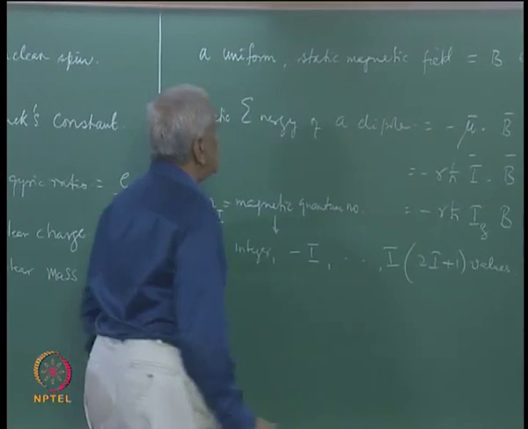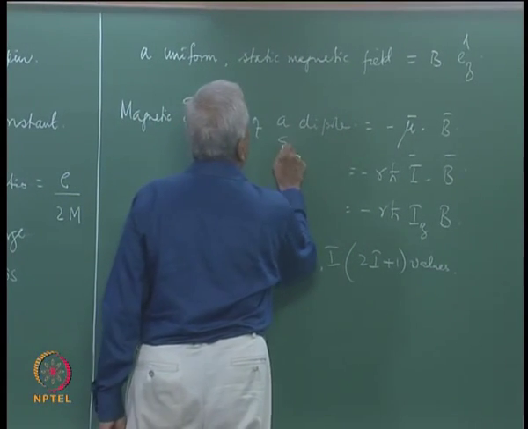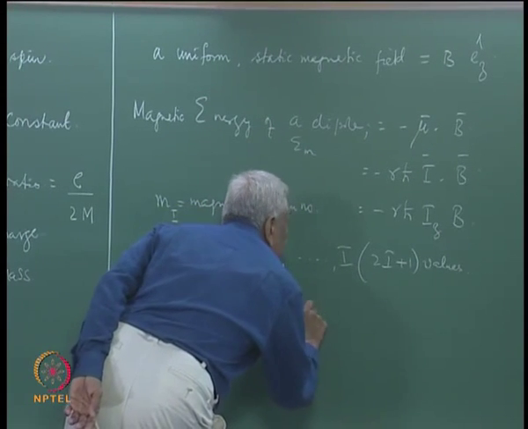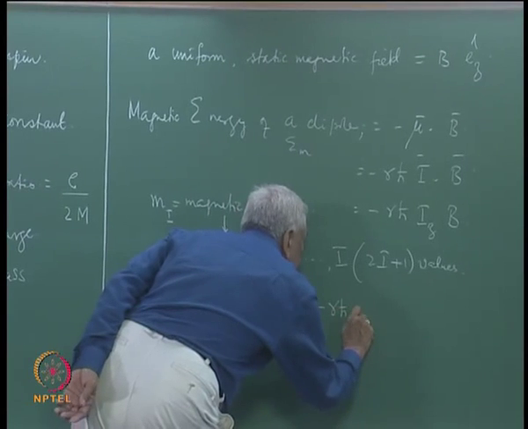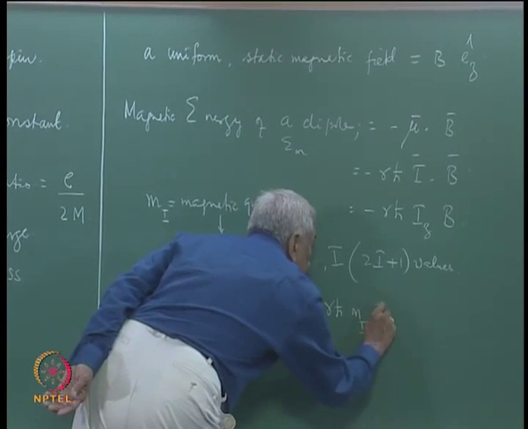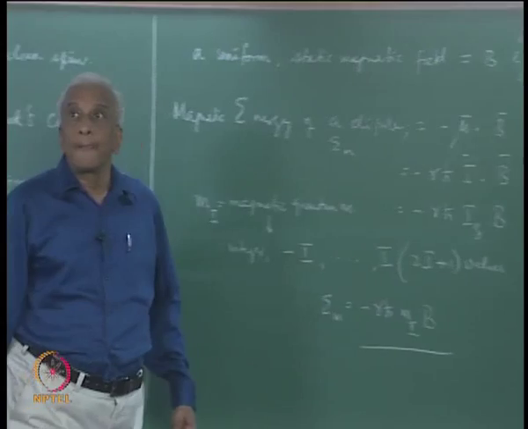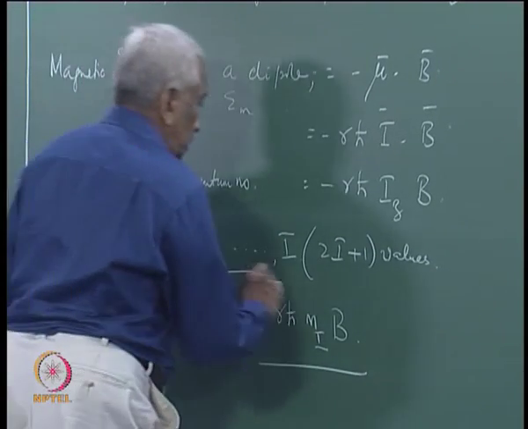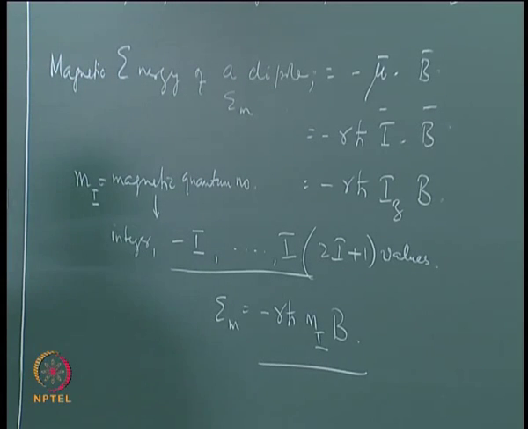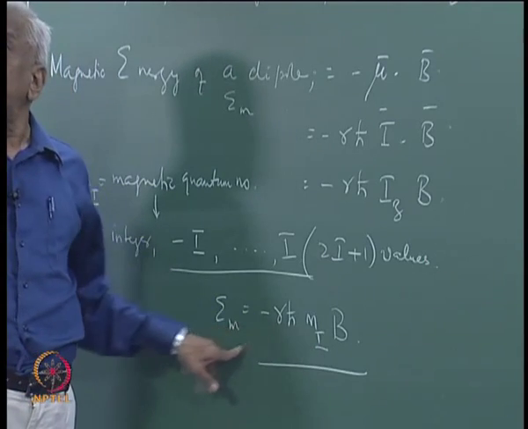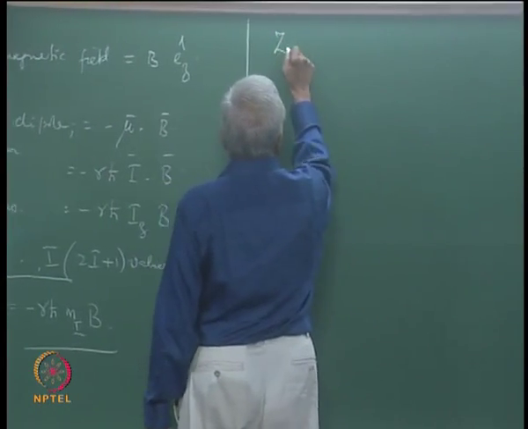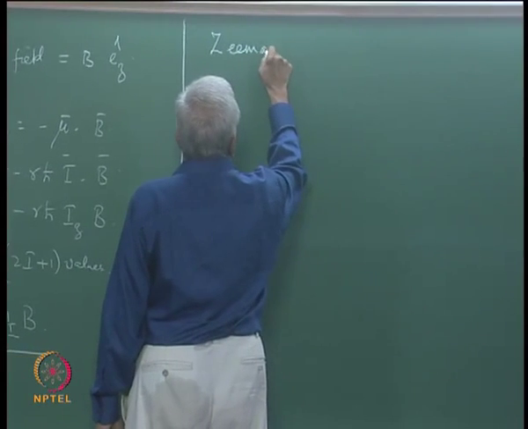So, because of this, the energy becomes minus gamma h cross mI B, where mI goes taking these values. Corresponding to each value of mI, we have a different value of energy, and these energy levels are called the Zeeman levels.